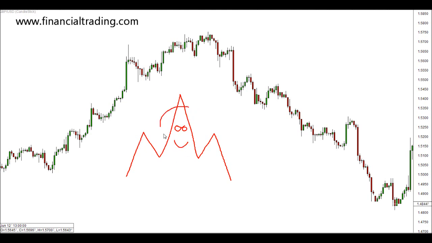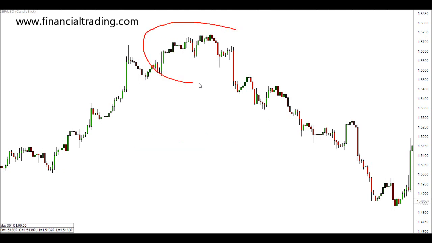We have the head of the pattern and the two shoulders, and up here in mid-June we have a typical head and shoulders pattern. Price comes up, it pulls back, it pushes, it pulls back, goes for a minor push, and then pulls back.